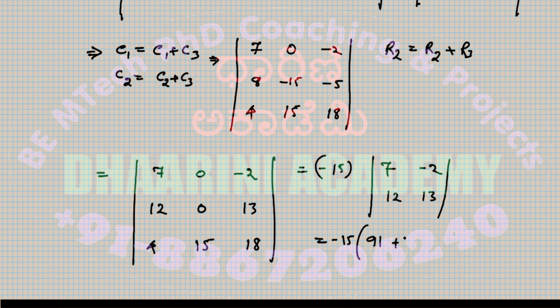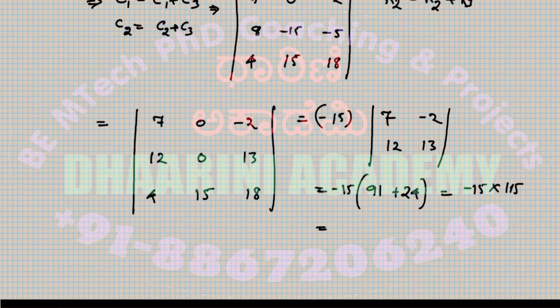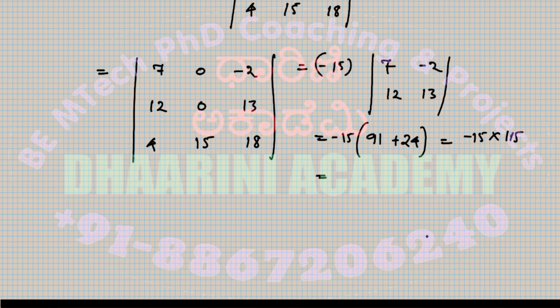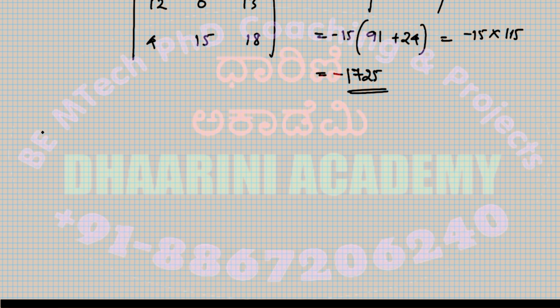Minus of minus is plus 24. So minus 15 into 5, 1, 5. Okay, please find this answer. Minus 1725. All right. Next question.